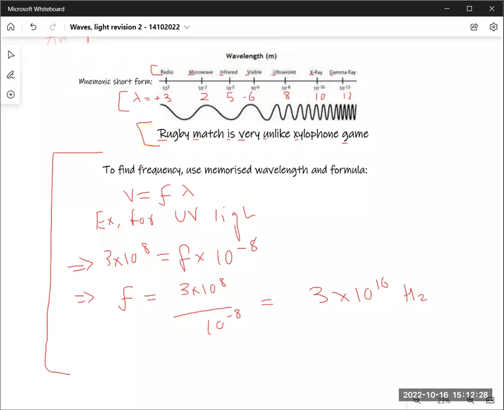And write this part as well to find frequency. Anas, how much have you written? I'm still writing the part you just wrote. I wrote until like the rugby match is very unlike the xylophone. Okay. Now hurry up.